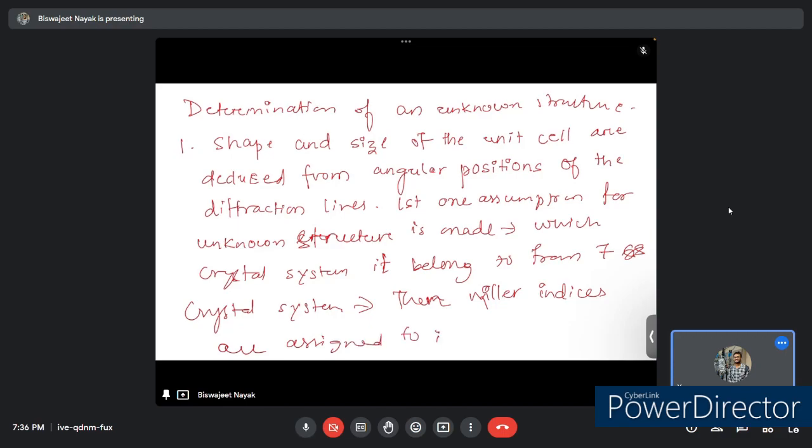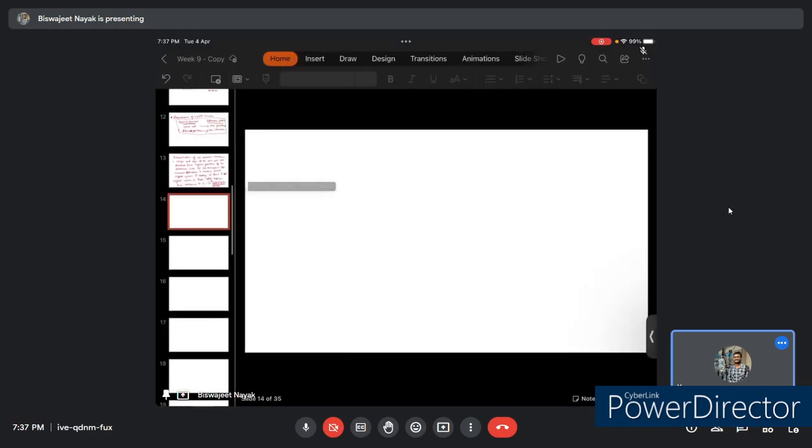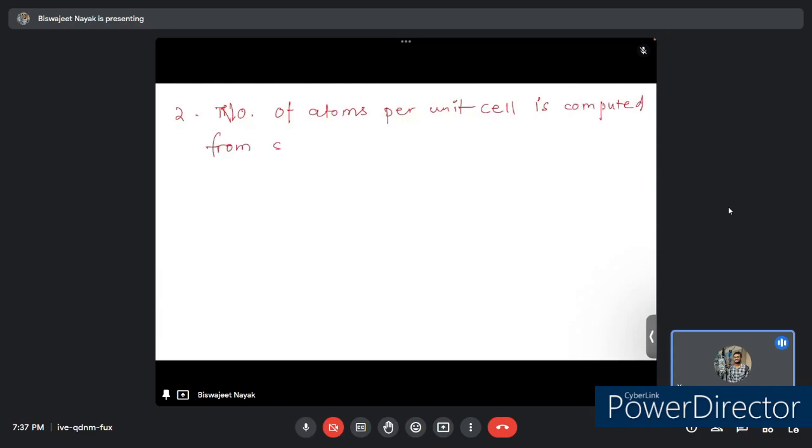First, an assumption for the unknown structure is made as to which crystal system it belongs to, from the 7 crystal systems, and then accordingly Miller indices are assigned to it. This step is called indexing the pattern.